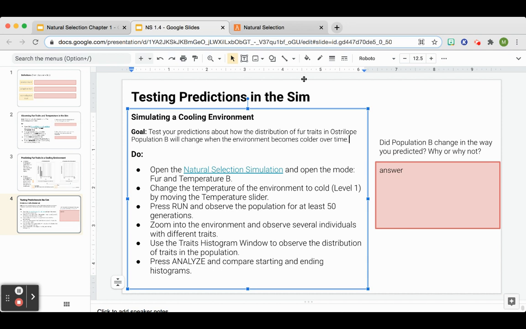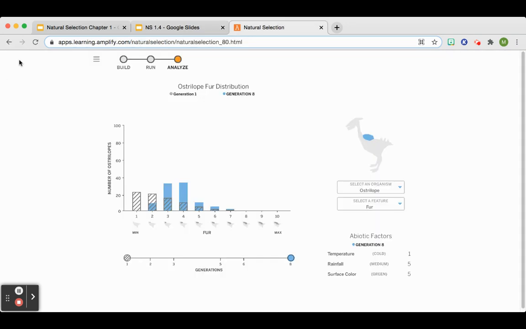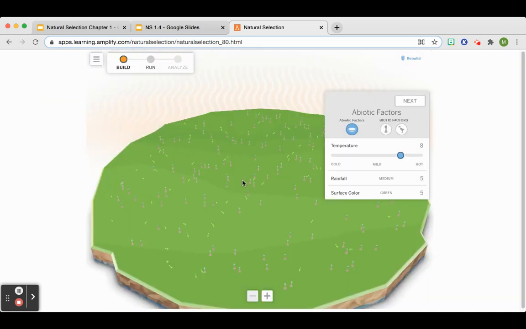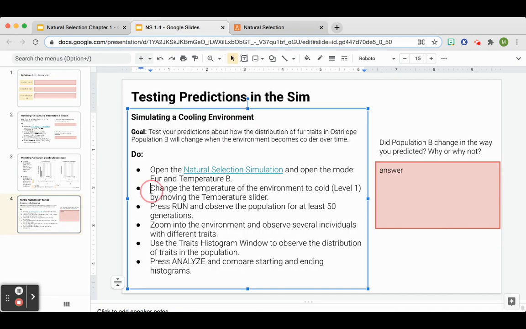So what you're going to do now is fur and temperature B back here. Then you will change the temperature to level 1, press run for 50 generations, zoom in on the environment, observe individual organisms, and then use the traits histogram window to observe the distribution.